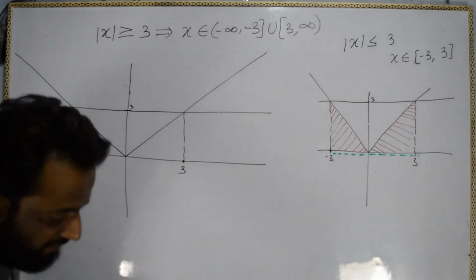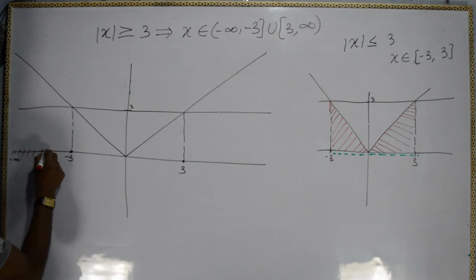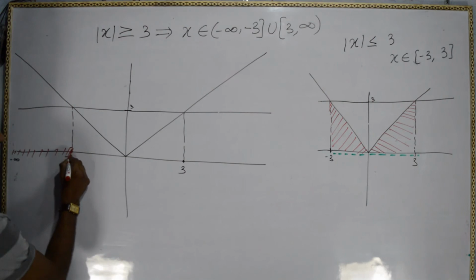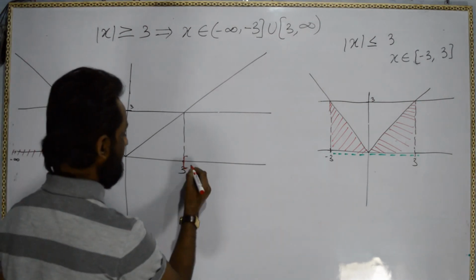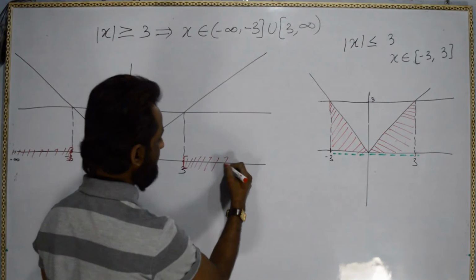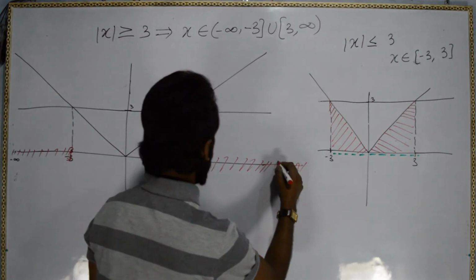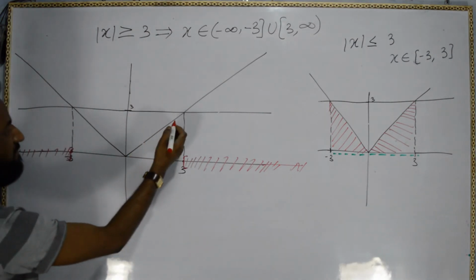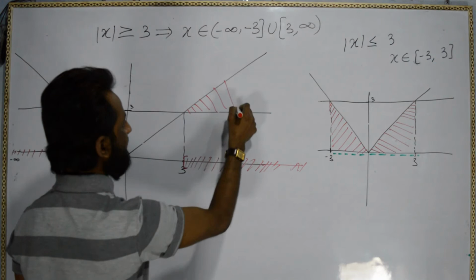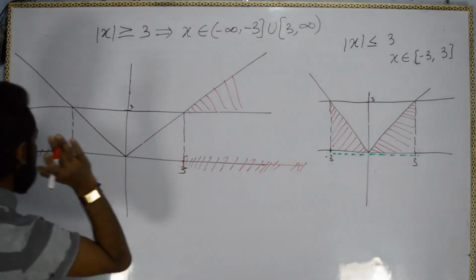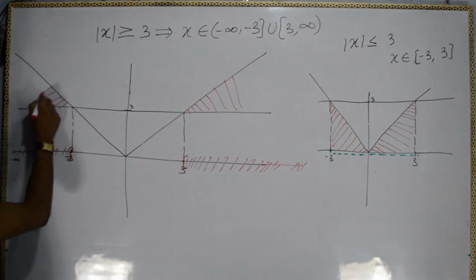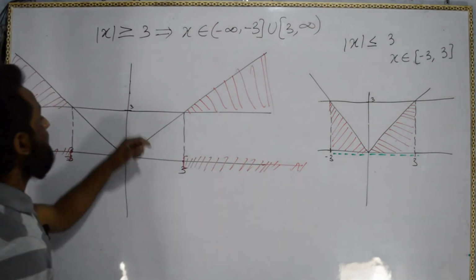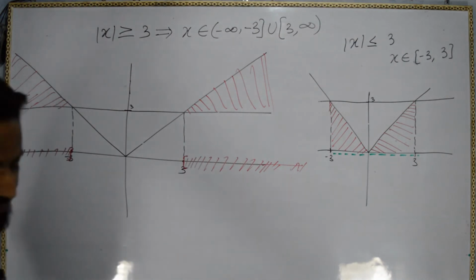For x values we have to take all these, and since minus 3 is closed, we have to take bracket here closed, we have to include this, and on the right side the values are going from 3 to infinity, all these values. Okay, so we cannot go to this region, we cannot go to this region, we have to go to the upper region. That upper region will be from here, because we are moving towards this and we are moving towards this. So this is the graph of mod x greater than or equal to 3.